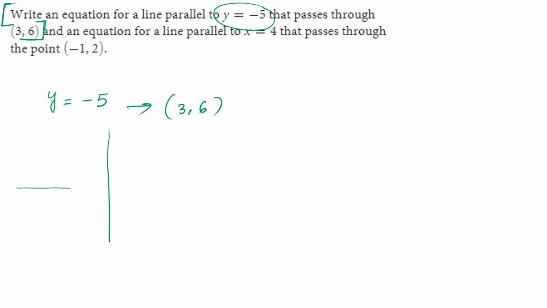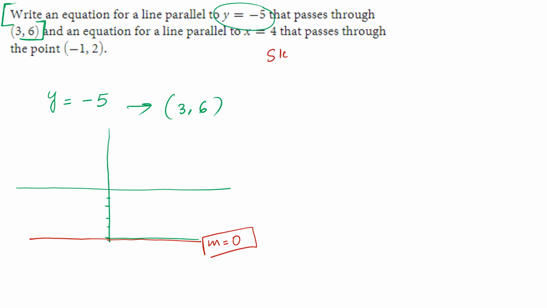So understand yourself. y equals -5 means here, this is -5, make a line and you will get a horizontal line. We know from our previous knowledge that if we have a horizontal line, it means that the slope is 0. So remember or write somewhere, slope of horizontal line is 0.